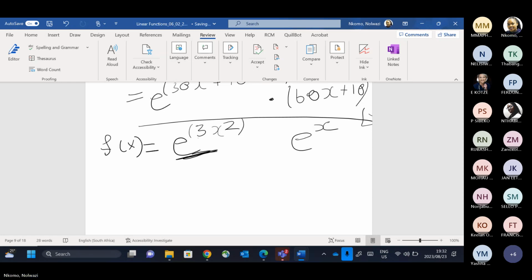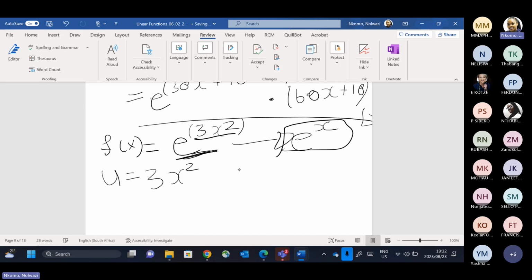Meaning you can let this function be the inner function so that it would be in this form. We said the inner function u is 3x squared, and v is e to the power u, right?